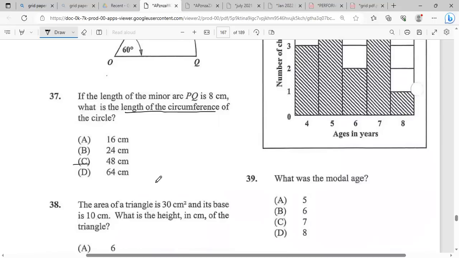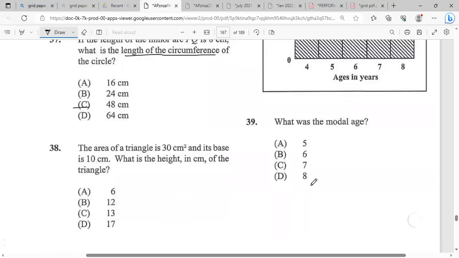Not 64. The area of a triangle is 30 centimeters squared and its base is 10 centimeters. What is the height in centimeters of the triangle? So we know it's base times height, and they did say the base is 10. We don't know the height, but we times this by 10 and divide by 2, and that must give 30.